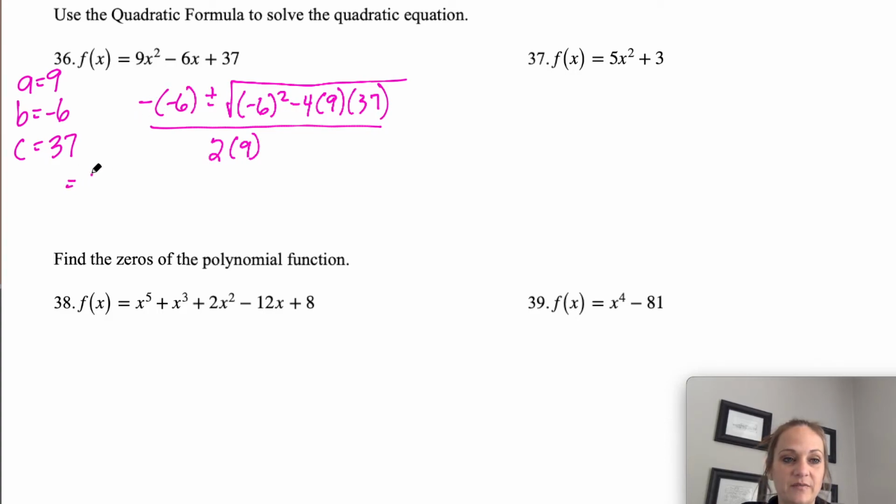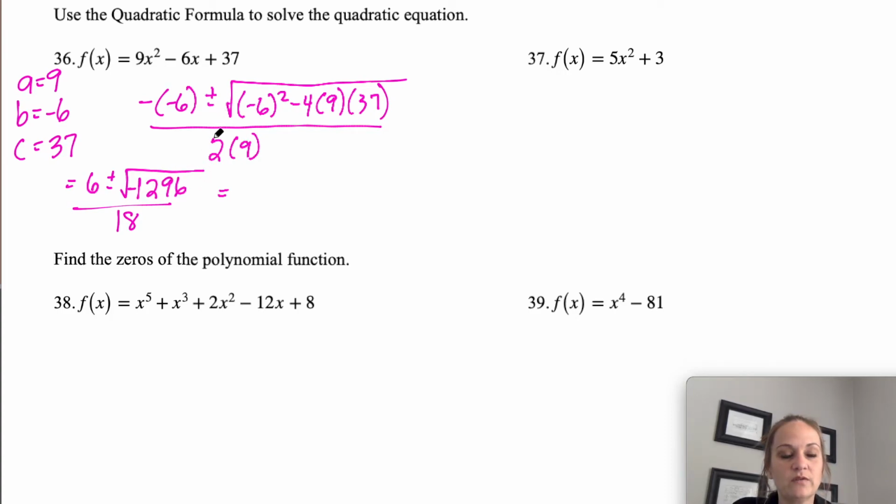Negative and a negative give me a positive 6. 6 squared minus 4 times 9 times 37 will give me 1296, all over 18. Now, that should be a negative 1296.